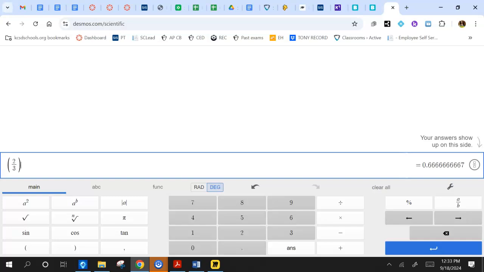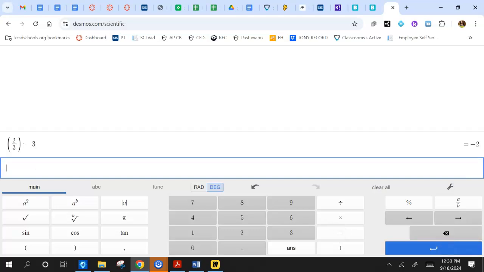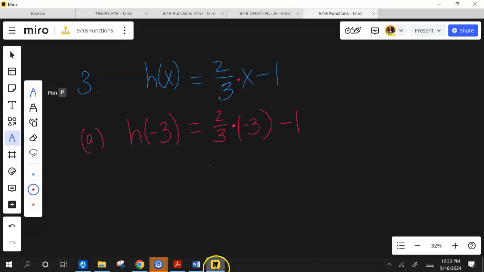So what did I say? 2/3 times what? Times -3. And hit enter or equal, and what's the answer? -2. 2 divided by 3, but put it in parentheses on that calculator. All right, so 2/3 times -3 is -2.